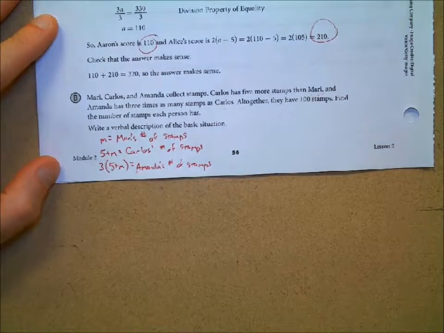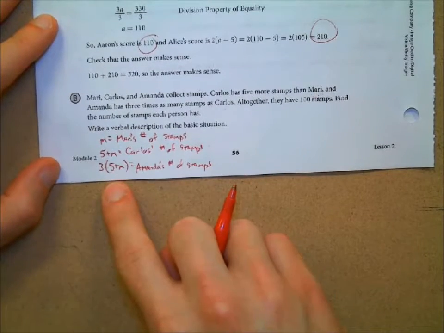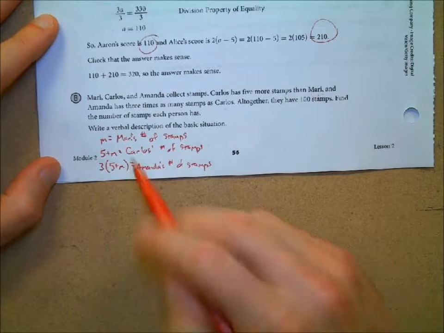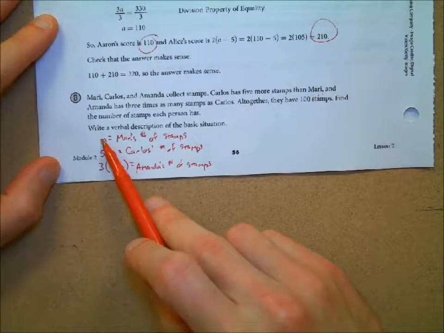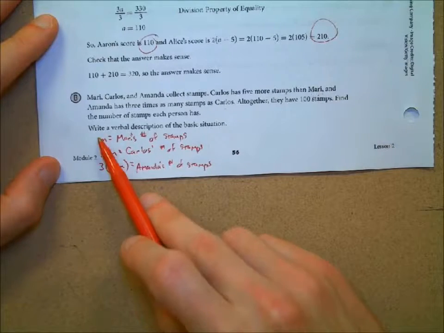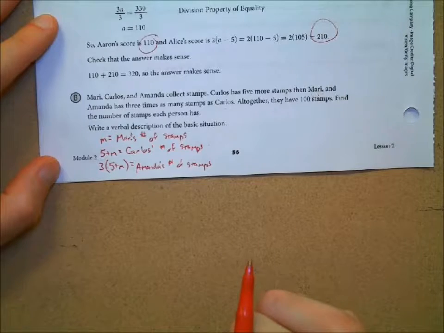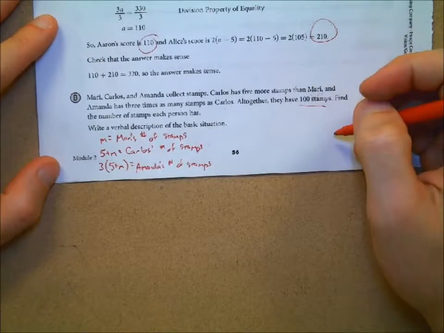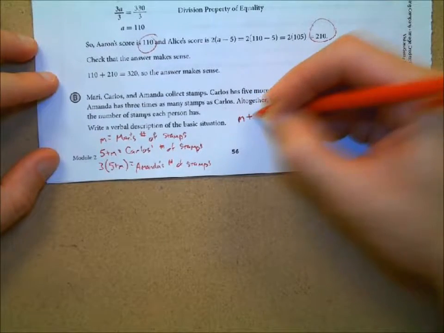Now, is this the equation? Are these the equations? No. These are expressions, but they're not the equations. What do we know about how many total stamps there are? There are 3 people, but how many total stamps are there? 100 stamps. So that means if I take Mary's number of stamps, M, and add who else?